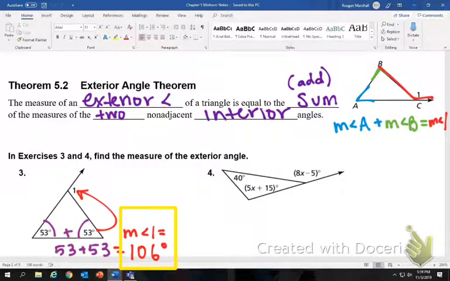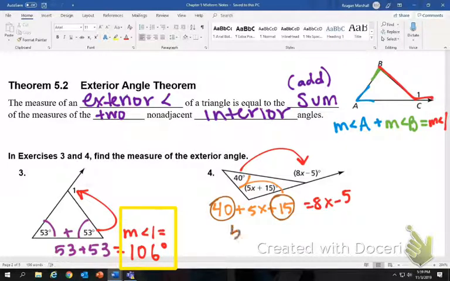Here we'll have to do some algebra, which is okay. Add the two inner, 40 plus 5x plus 15 equals 8x minus 5. So we have 40 plus 15, which is 55. Drop down that 5x equals 8x minus 5.